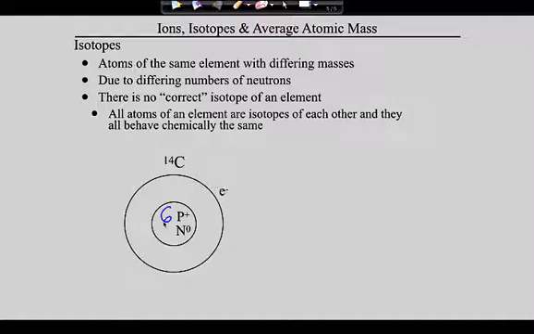Carbon is element number 6, so it's got to be 6 protons. Now, how many electrons does it have? Also 6. It doesn't have a charge. If it did have a charge, it would look something like this. But it doesn't have a charge, so we just assume it's neutral, and we call it 6.